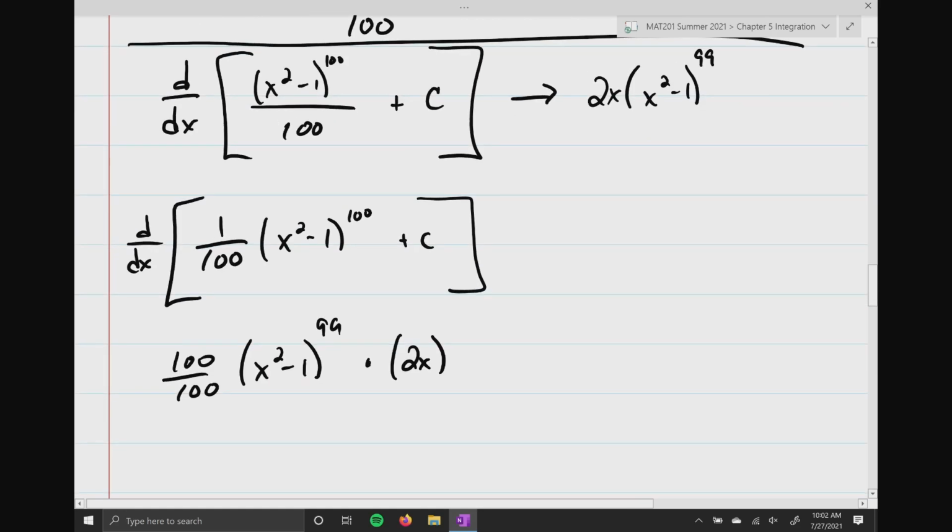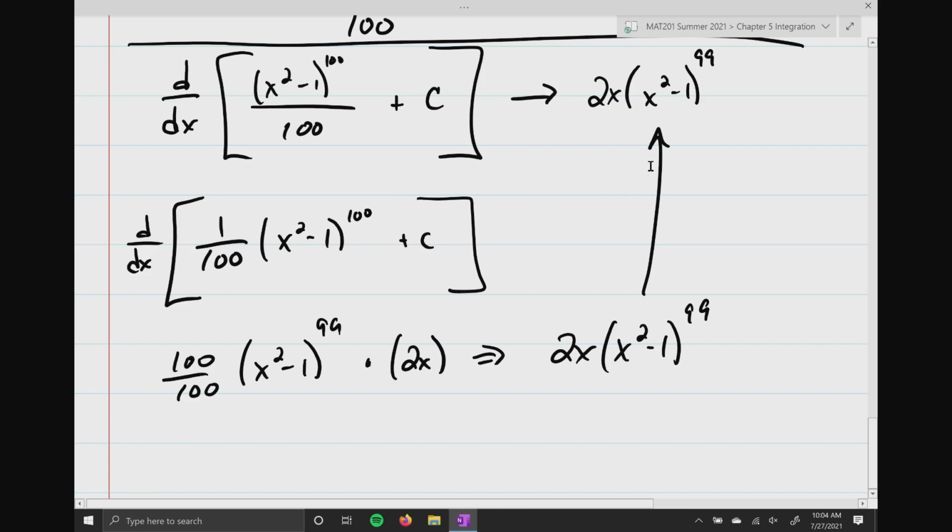Remember, it's a chain rule. The derivative of a constant is 0, so I don't have to worry about that. 100 over 100 reduces to 1. If I take the 2x and put it out front, notice I get exactly what I started with, which is exactly what should happen every single time.